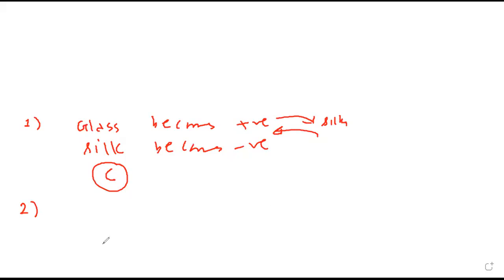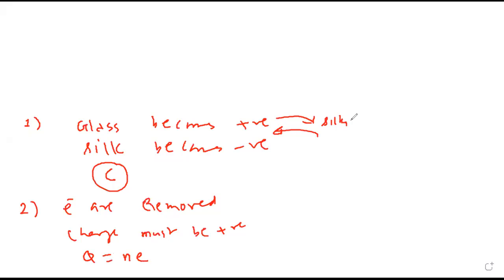Second, if 10 raised to 14 electrons are removed from a neutral metal sphere, then charge on the sphere is? First, electrons are removed, that means charge should be positive. That much I get idea. So I have to solve. What is Q?